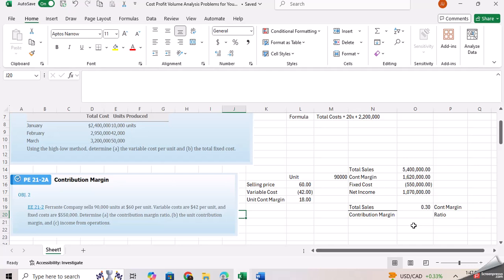Okay, then we covered all 3 of those. So again, this was our unit contribution margin, which was B. This is our contribution margin ratio, which was A. And then we calculated our net income from operations.